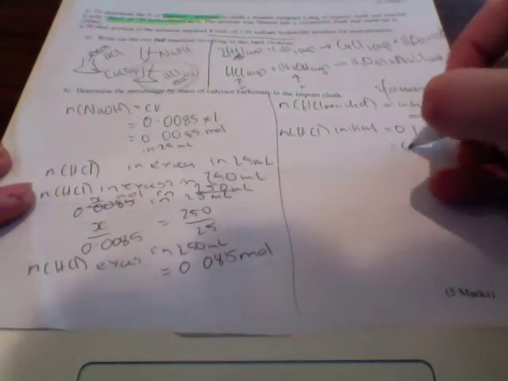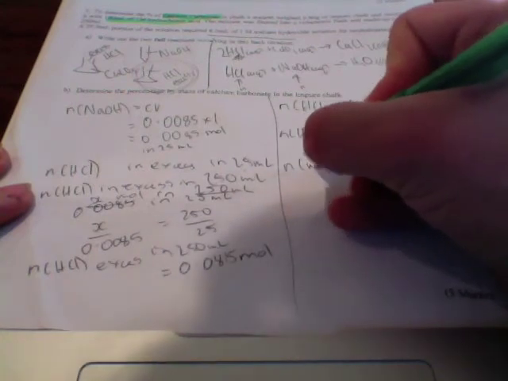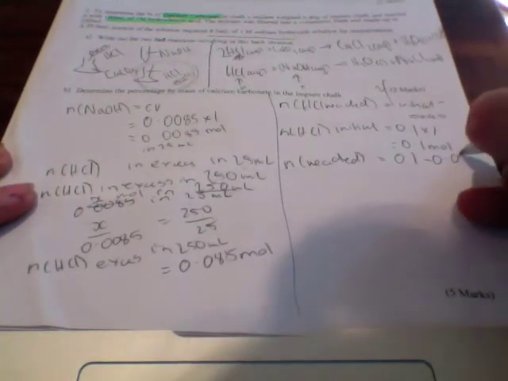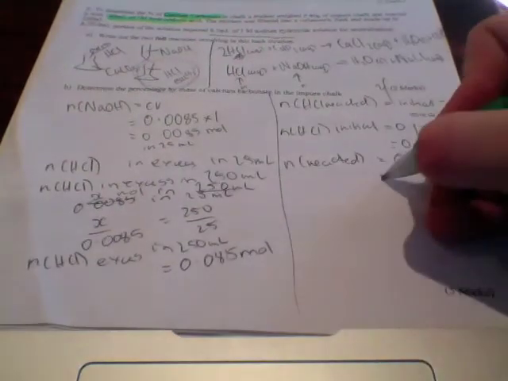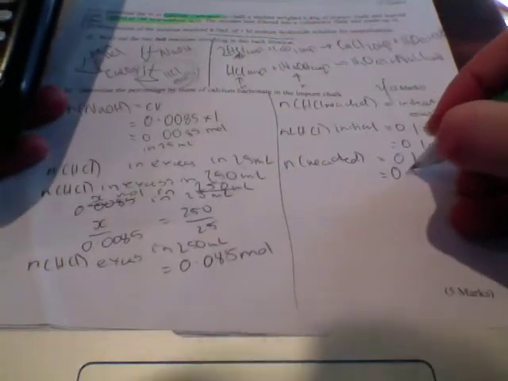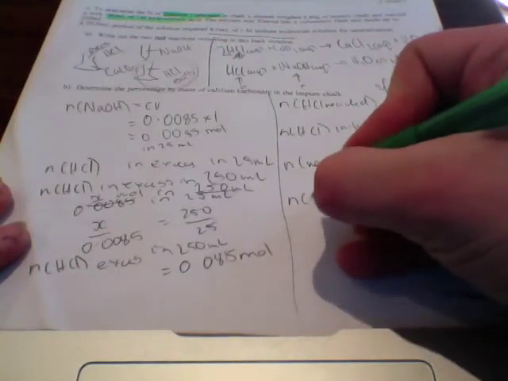So equals 0.1 times 1 equals 0.1 moles. The moles reacted equals 0.1 minus 0.085 equals 0.015 mole.